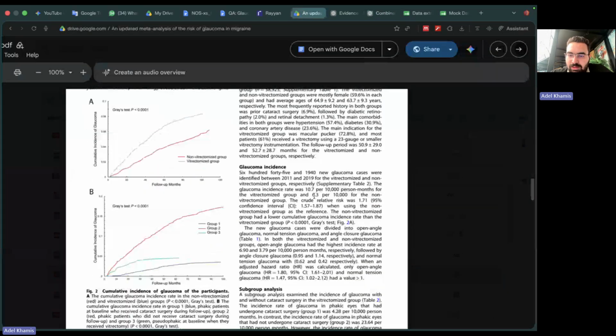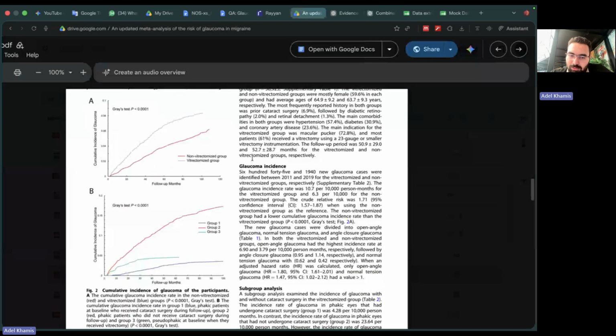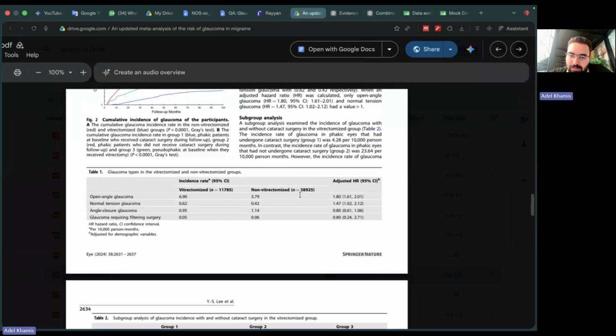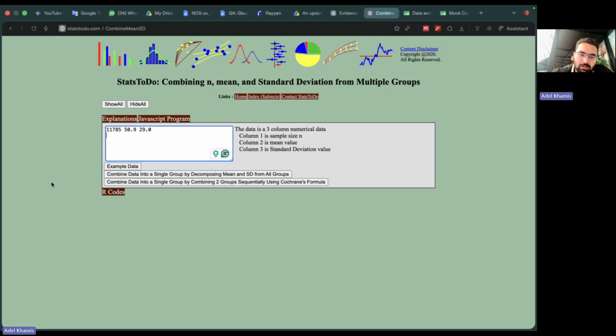The other one, for the non-vitrectomized group, the sample size was 58,825. So you will put it here. 85,925.